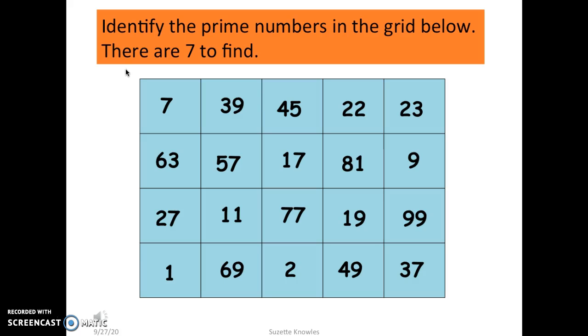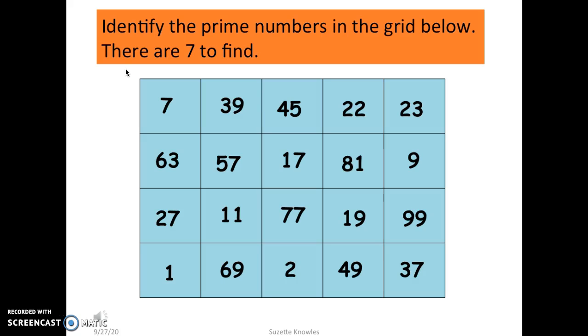And what we want to do in this last and final clip is to identify numbers in the grid below, but not just numbers. We want a specific type of numbers. And the type of numbers we want to look at are the prime numbers.